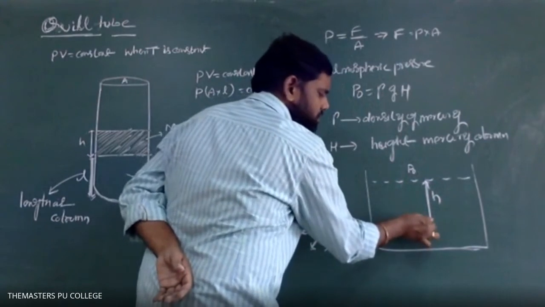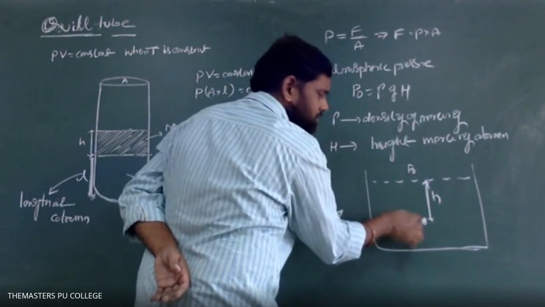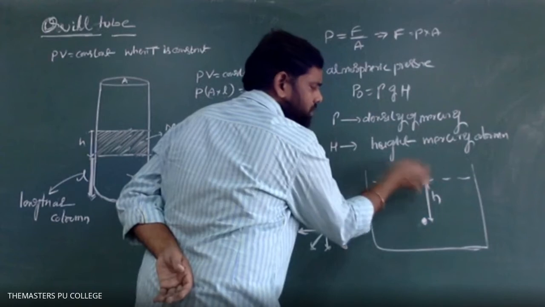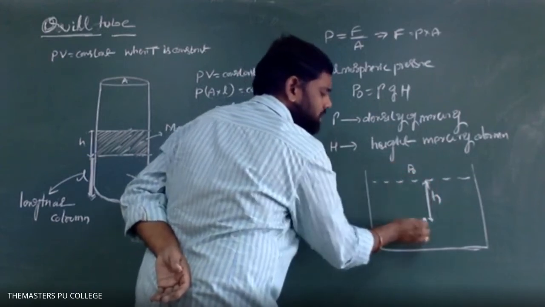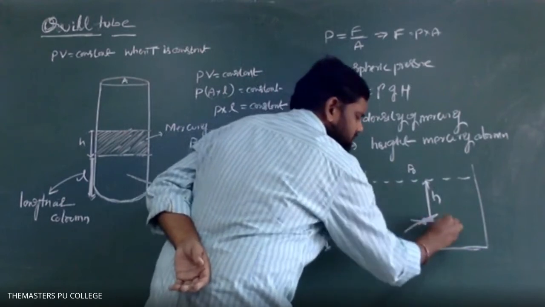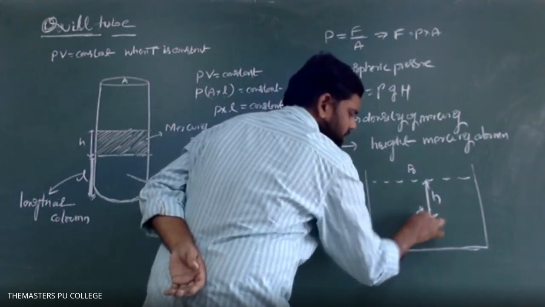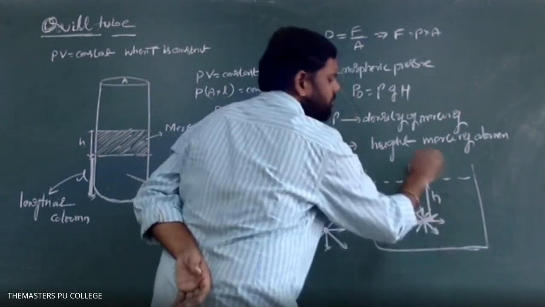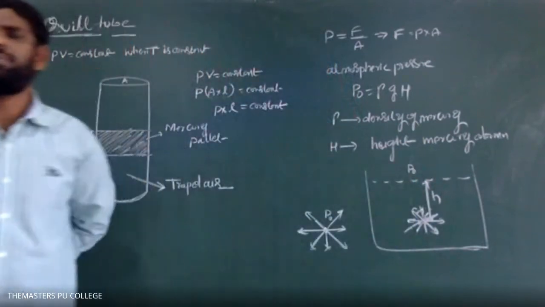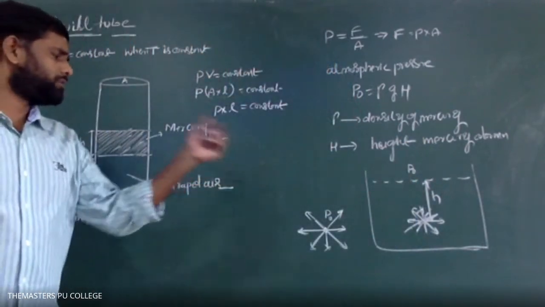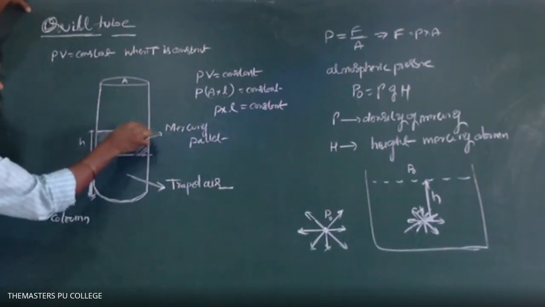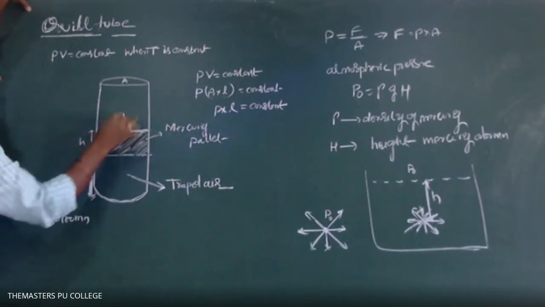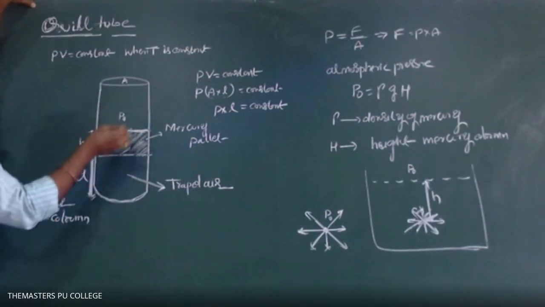The total pressure at this point is the pressure due to the atmosphere P naught plus the pressure due to this water column h. In what direction does that pressure act? In all directions. Similarly, the open end of the mercury is exposed to the atmosphere. Atmospheric pressure is P naught, so in what direction does that P naught act?